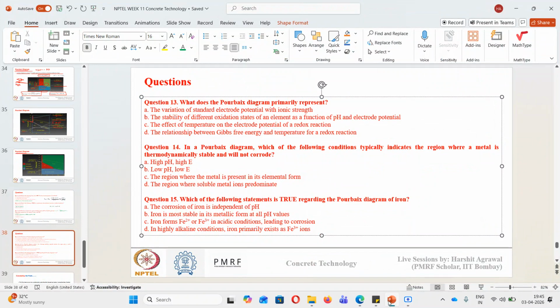Any guess for question number 13? Just think what we are discussing in the Pourbaix diagram.